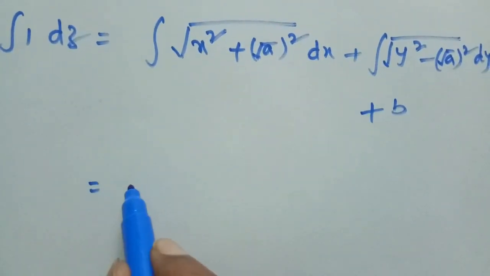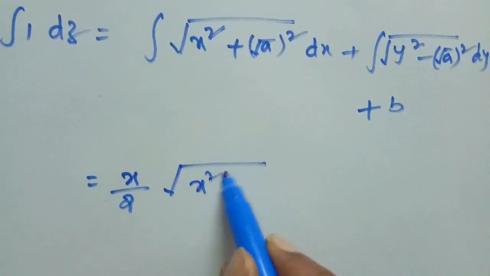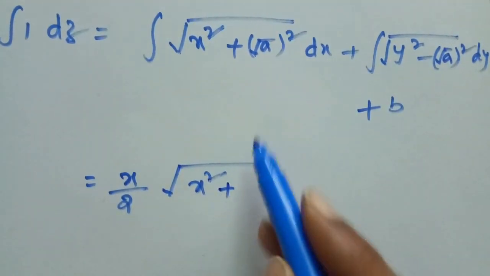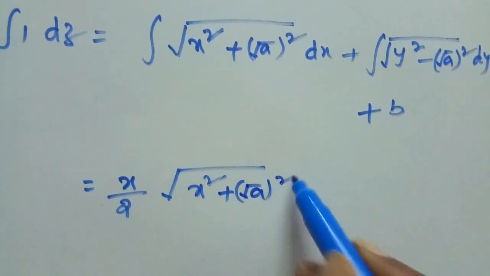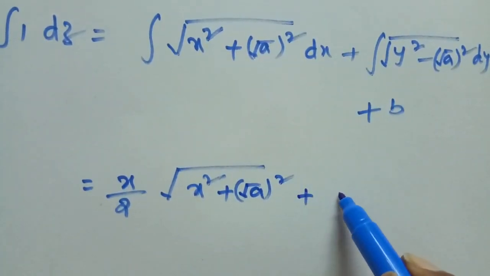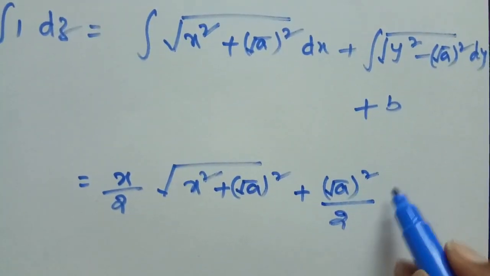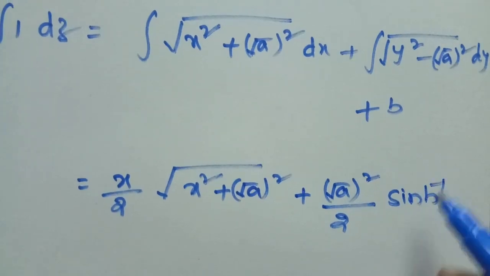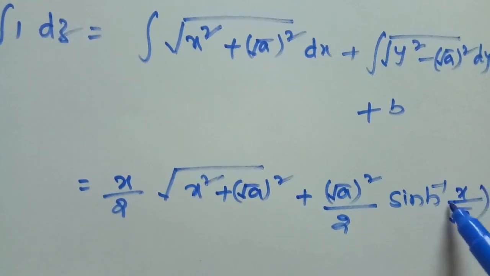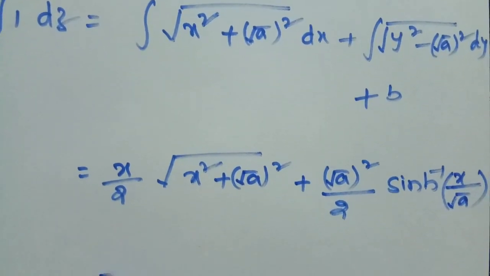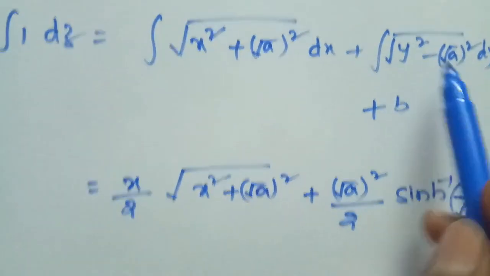That is x by 2 into square root of x square plus a square, here root a whole square, plus a square by 2, here a is root a, into sine h inverse of x by a. Here a is root a, plus here also the same formula, but here minus.